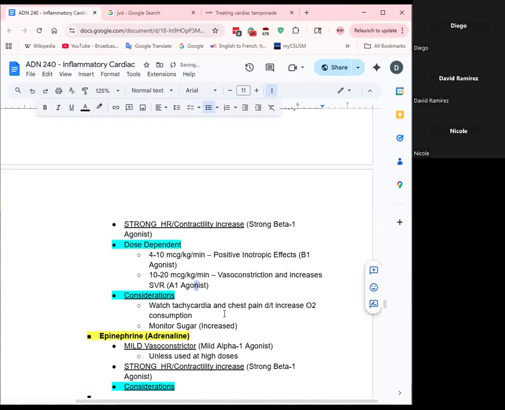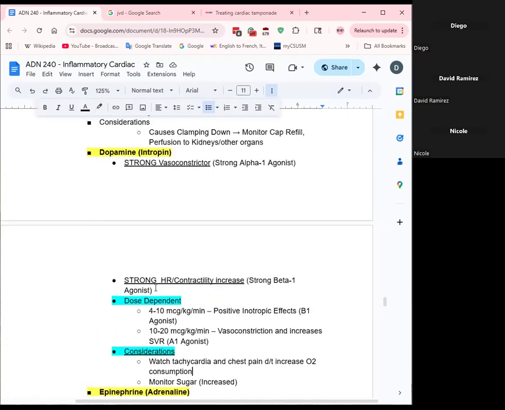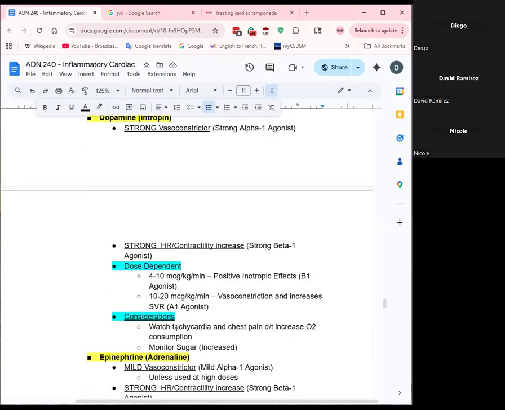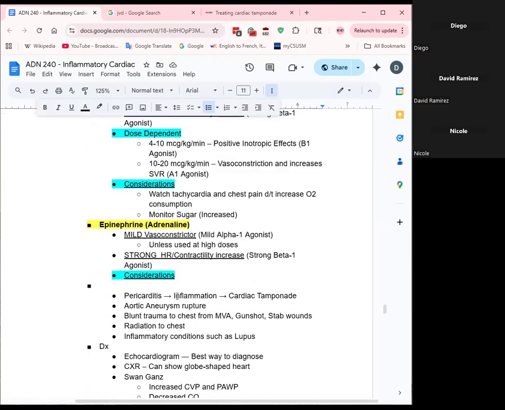Don't memorize the doses. Some considerations to think about is that your dopamine is going to increase your heart rate, so it's going to cause tachycardia, and might cause some chest pain because of the increased consumption of oxygen. Your epinephrine.